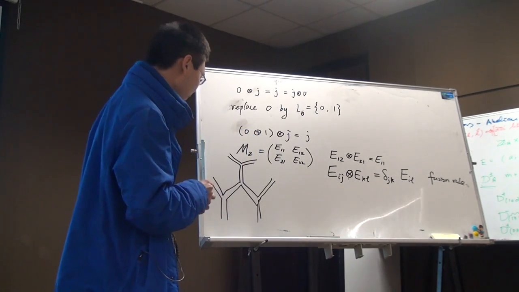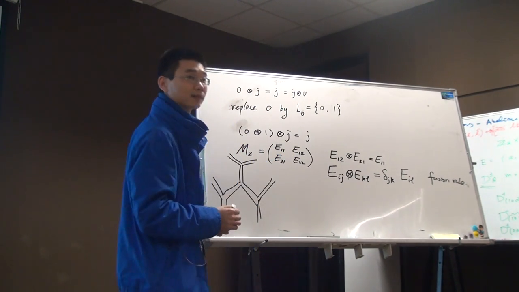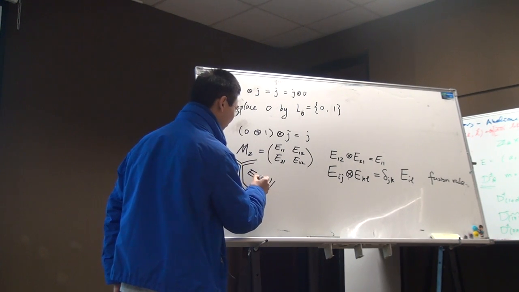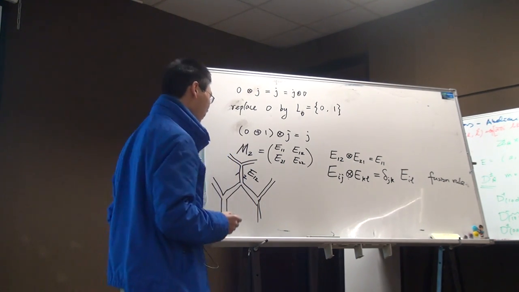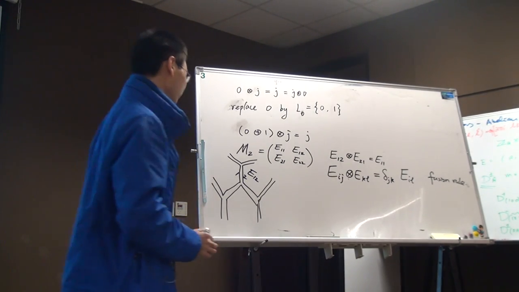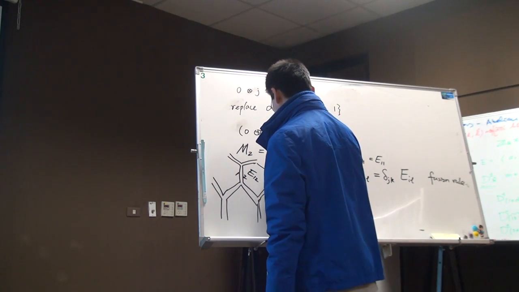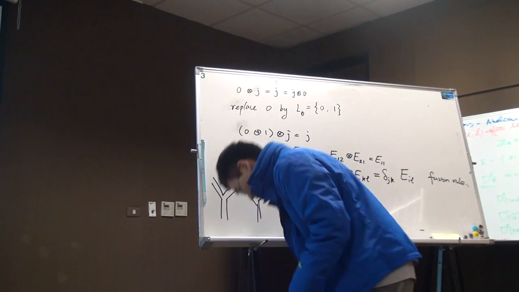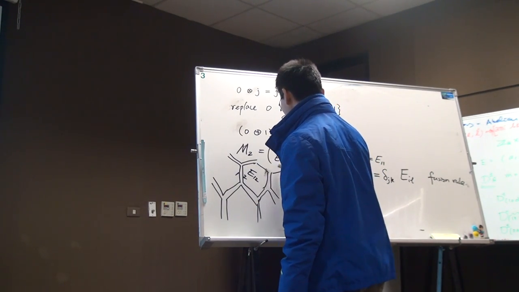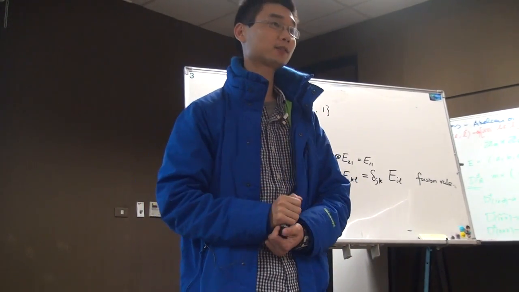When I put the degrees of freedom coming from these string types, like an E12, I will put two numbers on each link. If I do this, what we have found is that it's related to the symmetry protected topological phase model.